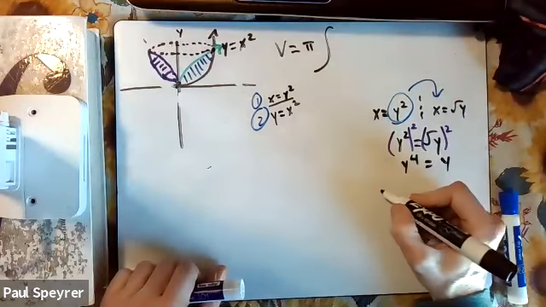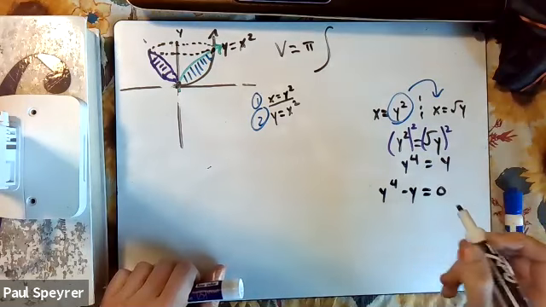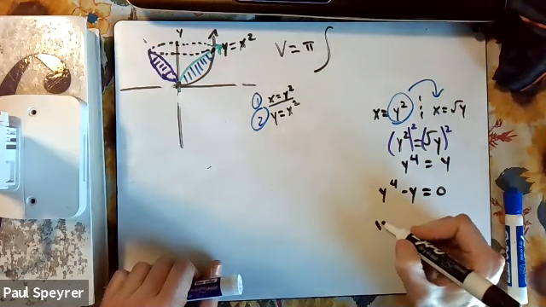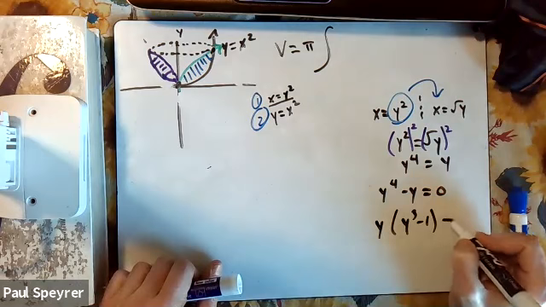And then I need to set it to 0. So we have y to the fourth minus y equals 0. And then from here, what do you do? Well, we're going to factor again. We pull out a y, and then we're left with y cubed minus 1 equals 0.